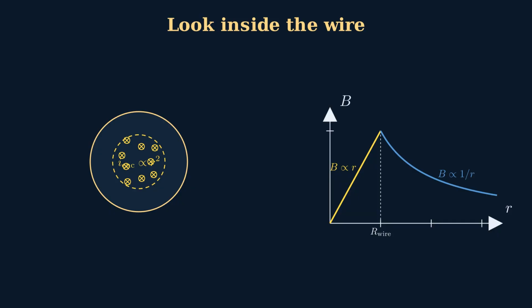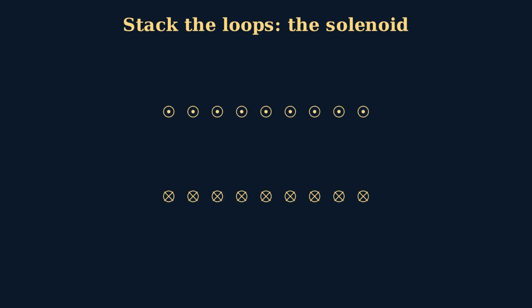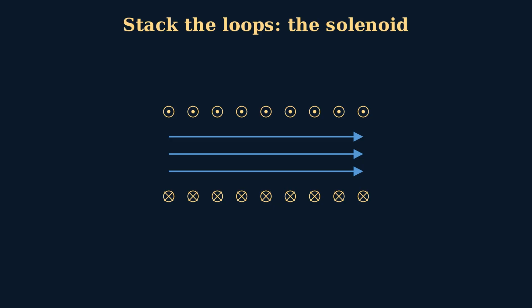Now the payoff for stacking. A solenoid is a long helix of wire, current coming toward us across the top, away from us across the bottom. Between the rows, all those circular fields reinforce into one strong, perfectly straight field. Outside, they cancel to almost nothing.